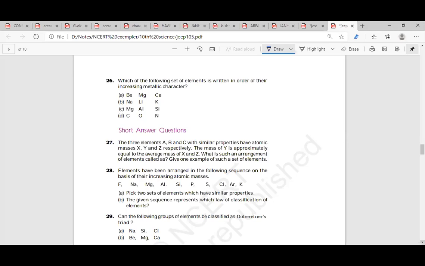Elements have been arranged in the following sequence on the basis of increasing atomic masses. Pick two sets of elements which have similar chemical properties.